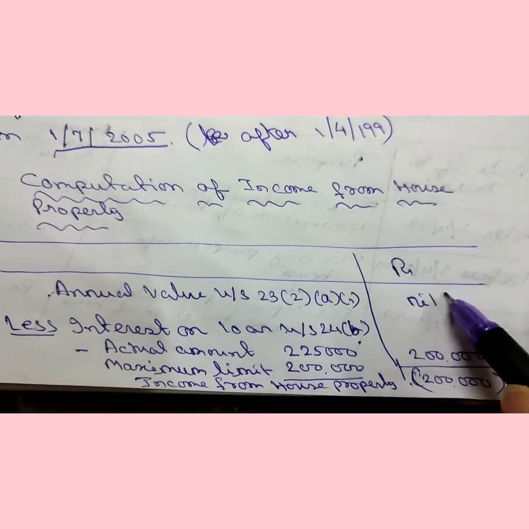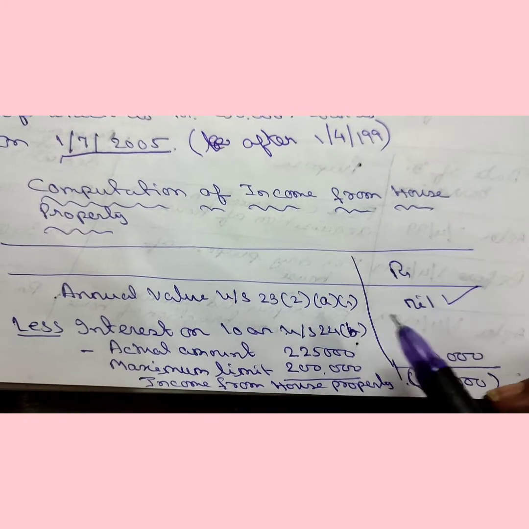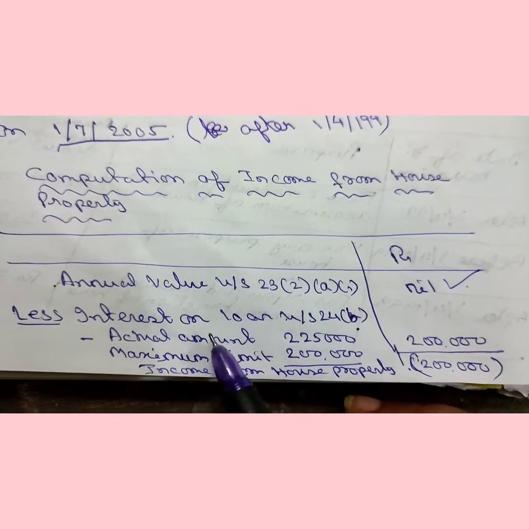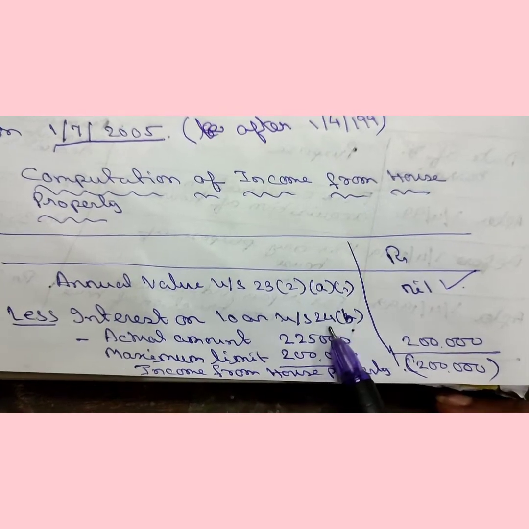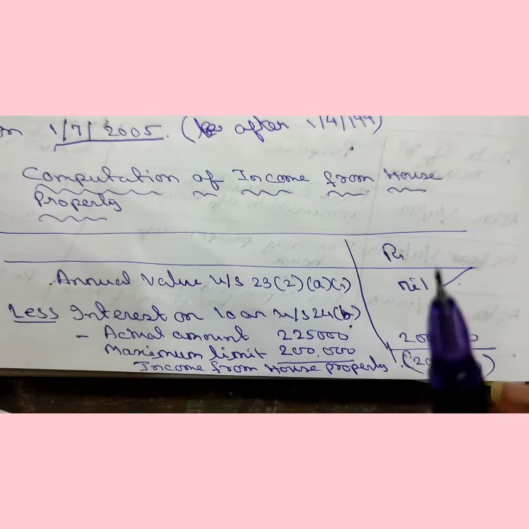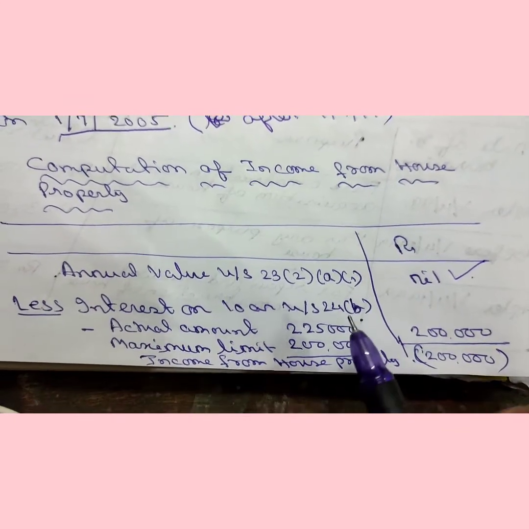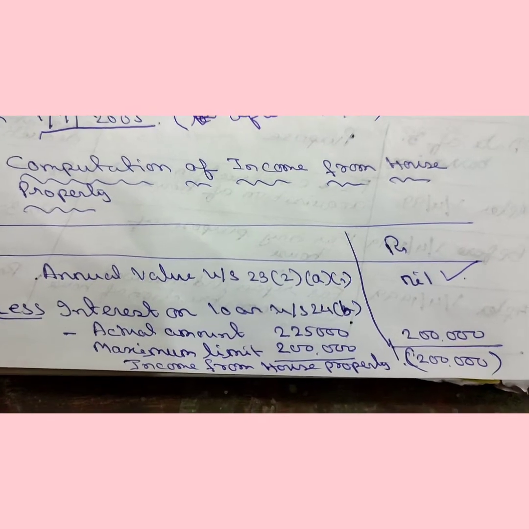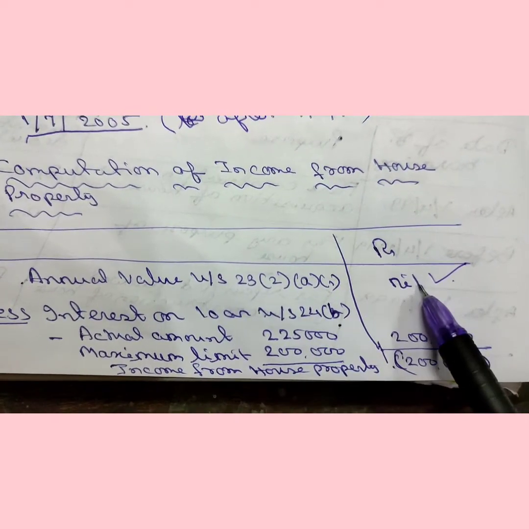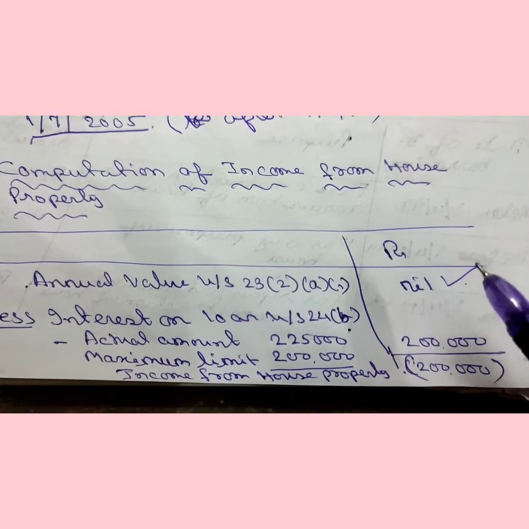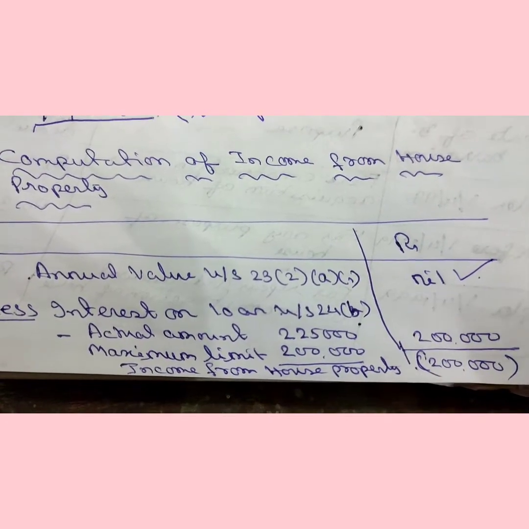Annual value of self-occupied house property is nil, and less interest on loan under section 24B. Now here there is no question of standard deduction, because standard deduction is always 30% of annual value. Now annual value is nil, so 30% of nil is 0.